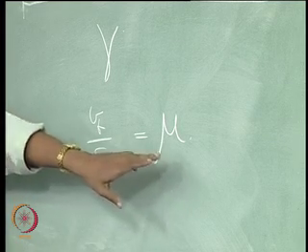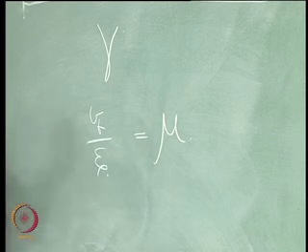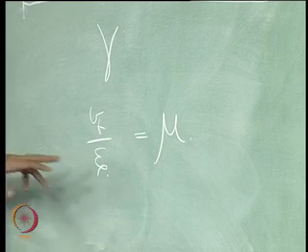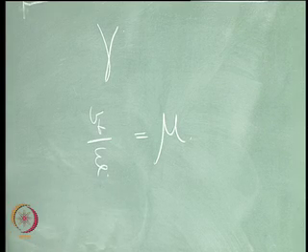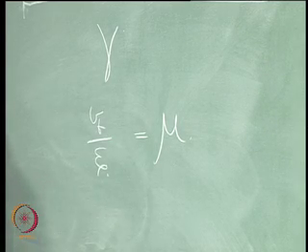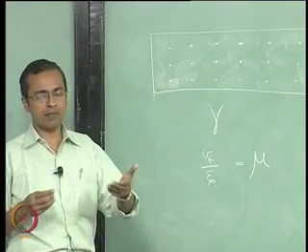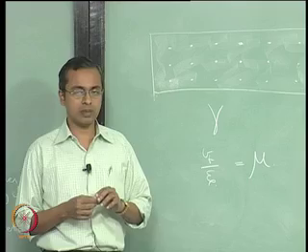This parameter mobility is the velocity per unit field, so to speak, the velocity attained by the species per unit driving force. This is a more general parameter, which you will see in other places like diffusion and so on. There also you have a gradient, a driving force and a diffusing species, and there would be a mobility associated with the diffusing species.